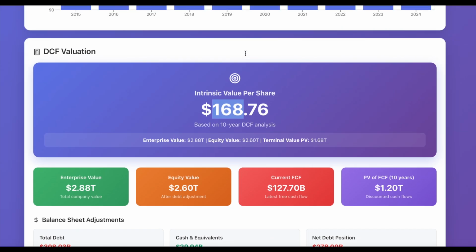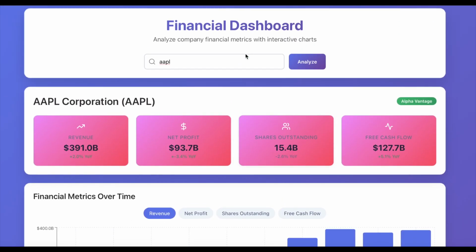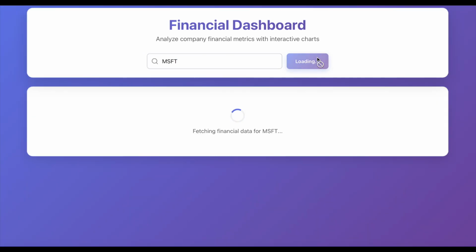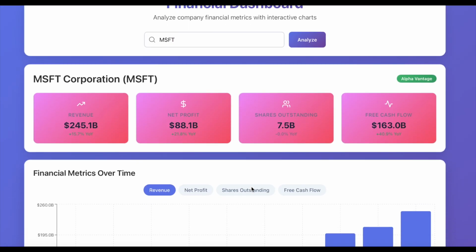And if we scroll back to the top, you can do this for any company by just entering the ticker symbol. So at the moment we're looking at Apple, but if I change this to Microsoft, I'll just put in the ticker symbol, which is MSFT, and then I just press analyze, and then it will update all of this information.